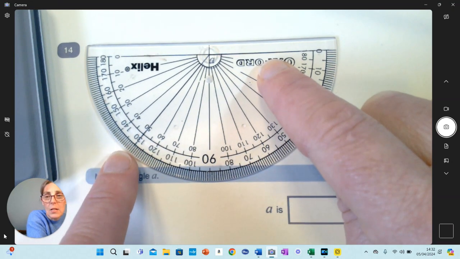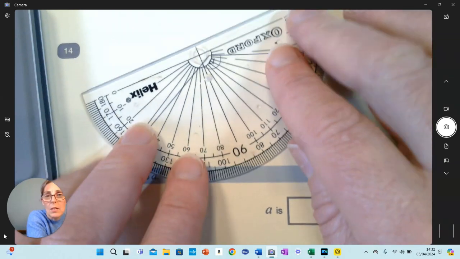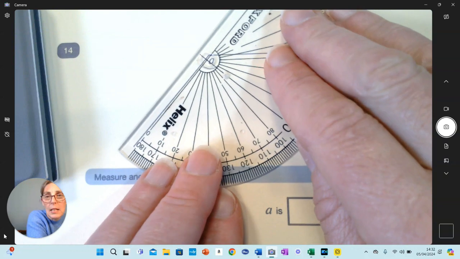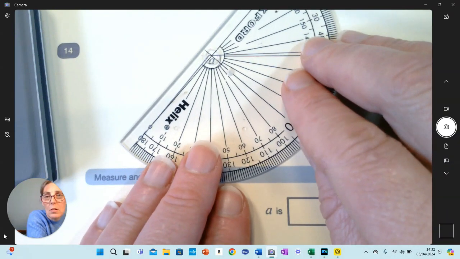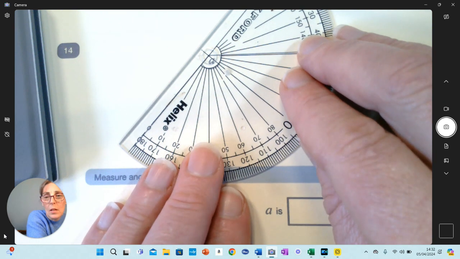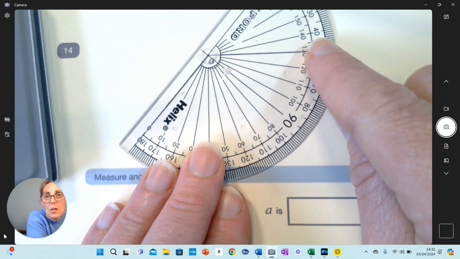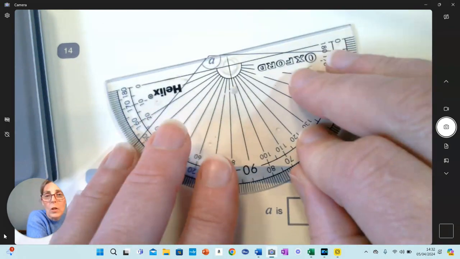And can you see that ends up as 130 as well? So you can either have it this way round and then read it from the inside, which is 130, or you could do it this side.